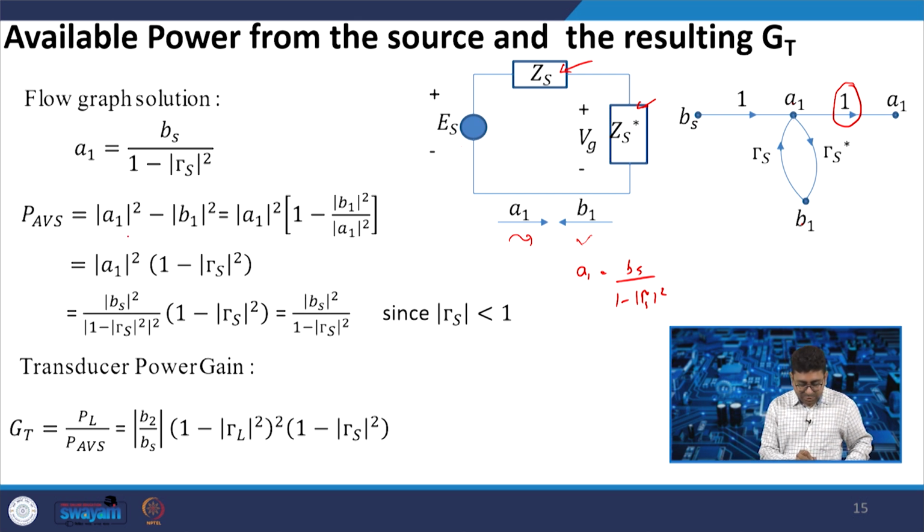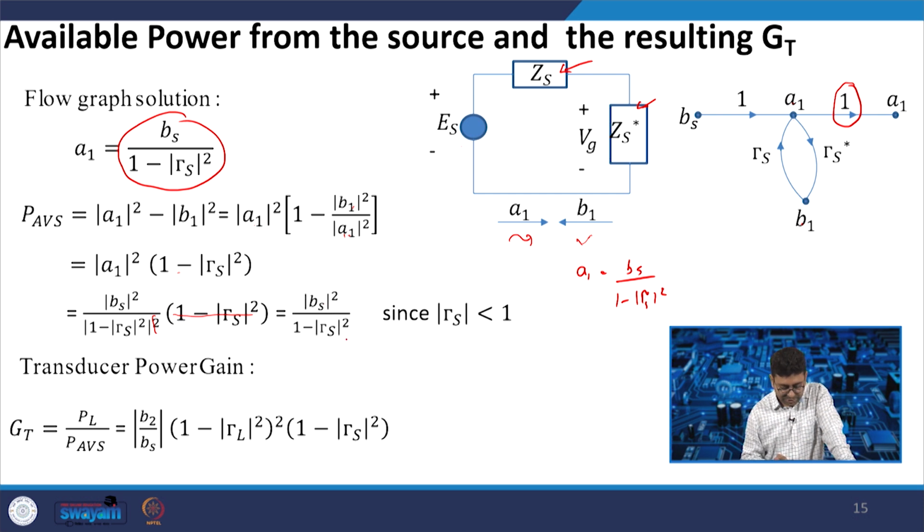PAVS you can write as A1 square minus B1 square, which is A1 square times 1 minus B1 by A1 square. Replacing A1 square with this equation, and B1 by A1 again being gamma s square, this will cancel out and you will have Bs square by 1 minus gamma s square. Here gamma s is less than 1, so we can directly cancel this.